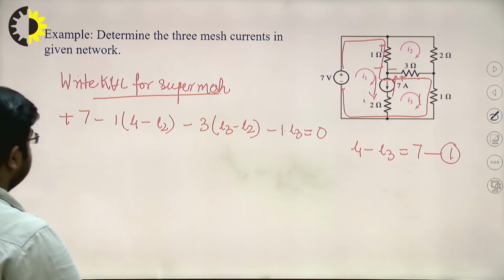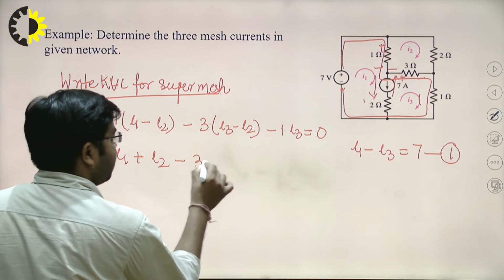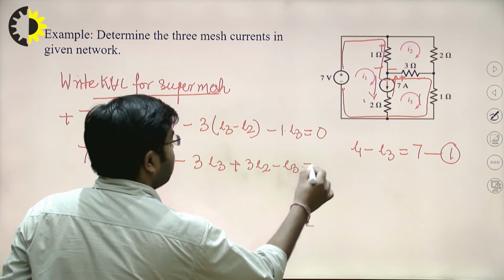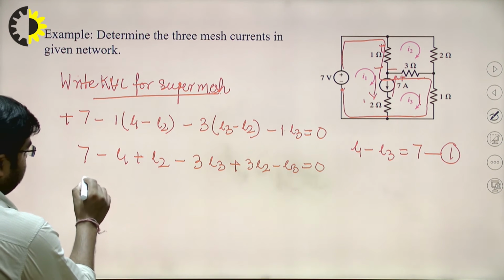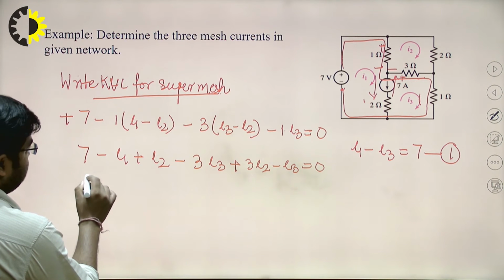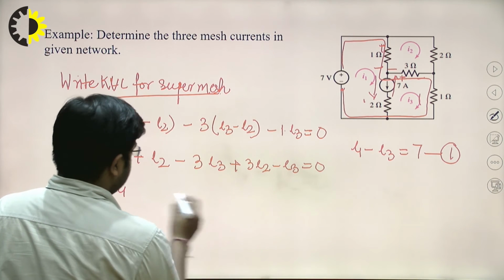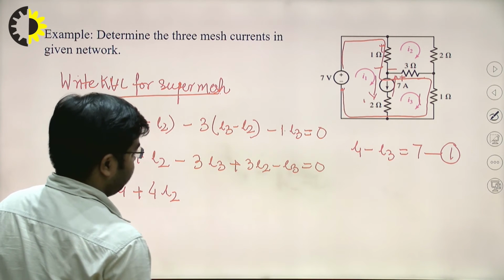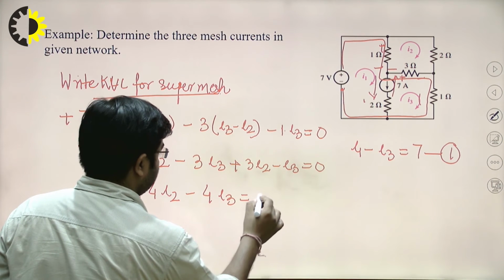Now rearrange this equation. 7 minus I1 plus I2 minus 3I3 plus 3I2 minus I3 is equal to 0. Now 7 minus I1 plus I2 plus 3I2, this will be 4I2, then minus 4I3, is equal to 0.